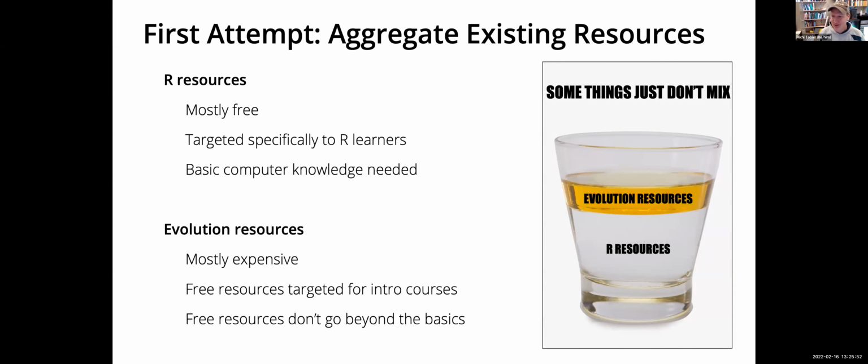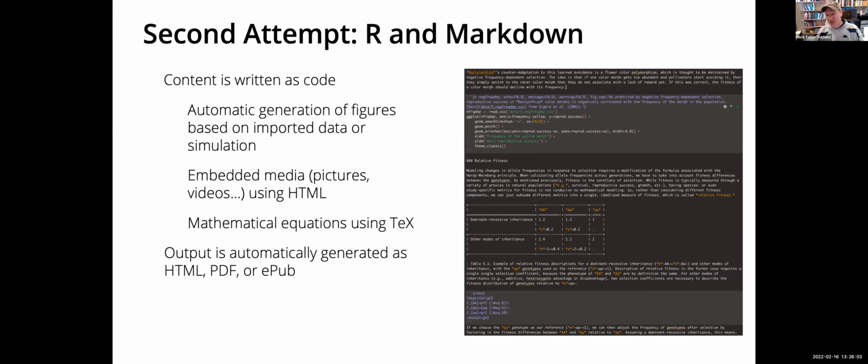The existing resources that I could find, I couldn't just cobble them together. So about a month or 6 weeks into my journey, I had to shift gears, and I decided to write an entire textbook from scratch, which was one of the best and one of the worst decisions I have made in my life.